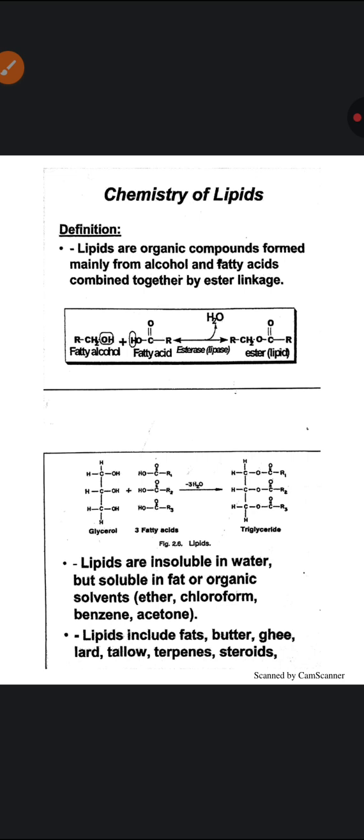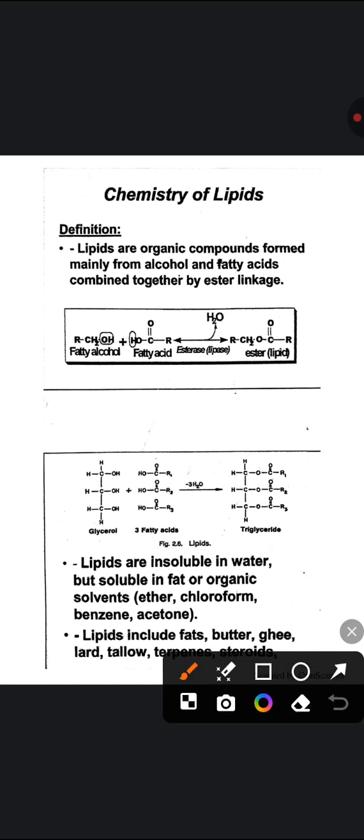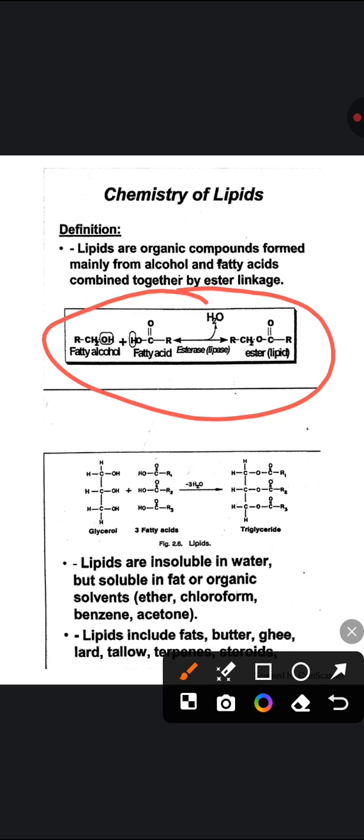So when you have a fatty acid plus fatty alcohol linked by ester bond, as you can see here, this is the fatty alcohol, this is a fatty acid, linked together by ester bond, then gives you lipid, or we say ester. But we are going to see them later, not now. This is just an example.